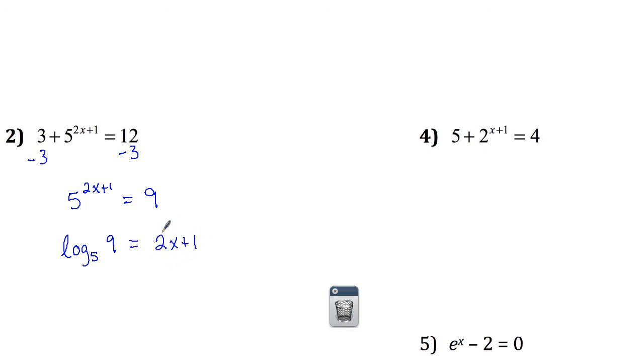And again, we're focusing on the side with an x, we want to get x all by itself. So again, we're going to subtract 1 from both sides, so we get negative 1 plus log base 5 of 9 equals 2x. We could write that as log of 5 base 9 minus 1 equals 2x, but that looks a little confusing.